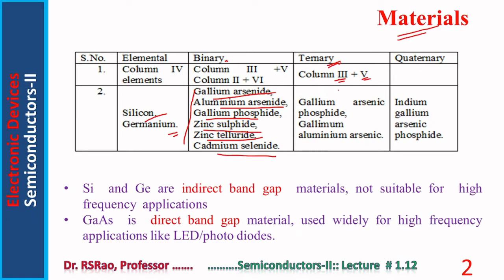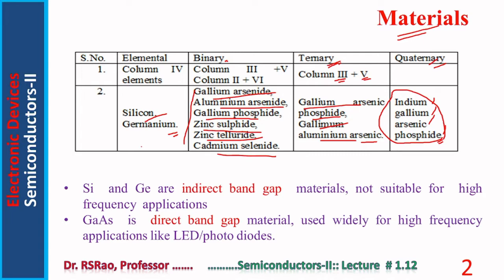Examples for such semiconductors are gallium arsenic phosphide, gallium aluminum arsenic. Quaternary materials are also there. One example is provided here: indium gallium arsenic phosphide. Notice this is a composite material. It is made out of indium, gallium, arsenic, phosphide, 4. That's why quaternary. Some more important points regarding silicon and germanium.